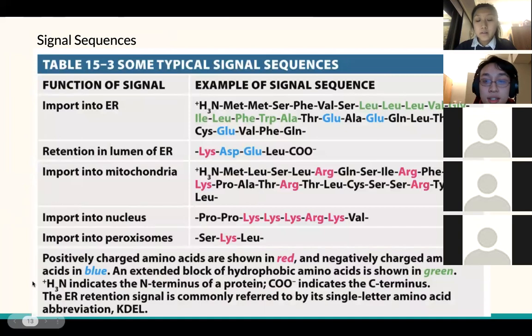Here's an example. If we look at the ER localization sequence, you'll see there are stretches of hydrophobic amino acids near the N-terminus, while the mitochondrial localization sequence has interspersed positively charged amino acids. They have different properties that different carrier proteins can recognize.